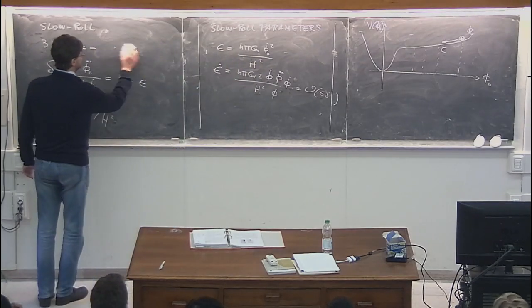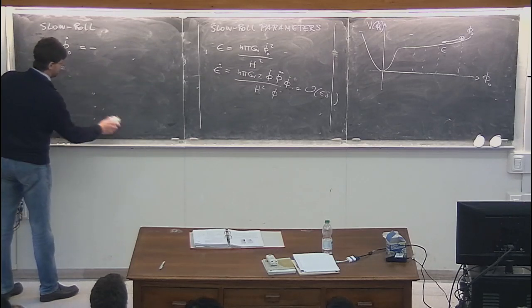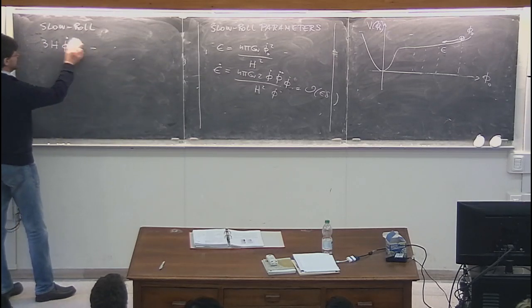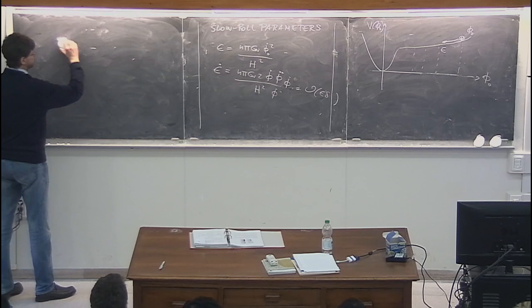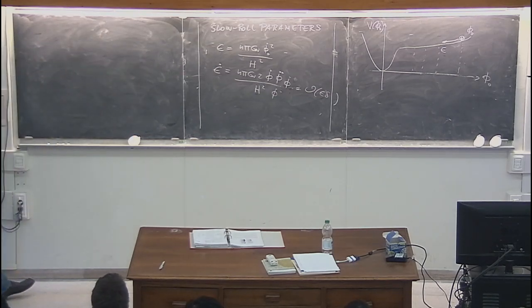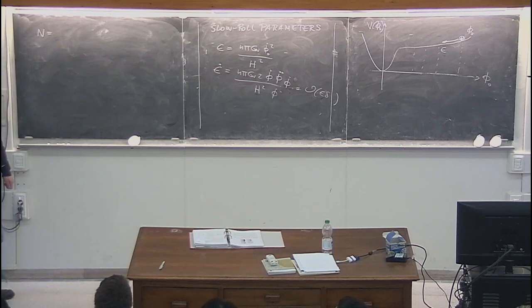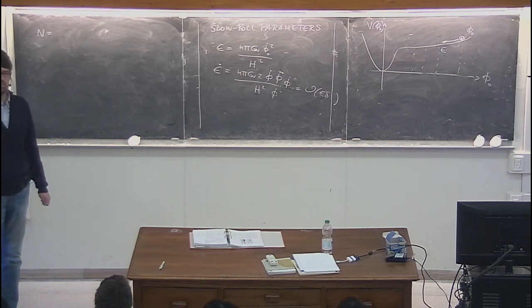Okay, so now let's take a generic potential and compute the number of e-folds that we were discussing before. Okay? So the definition of the number of e-folds, as we said, was the log, if you remember, of the scale factor at the end divided by scale factor at the beginning.